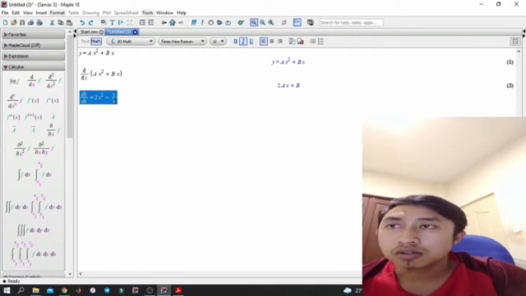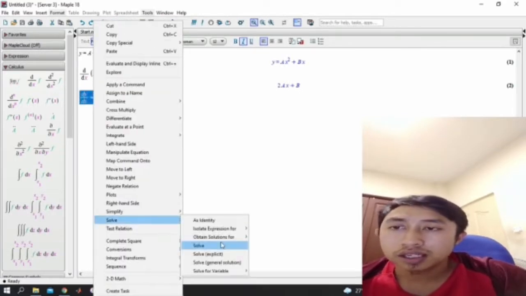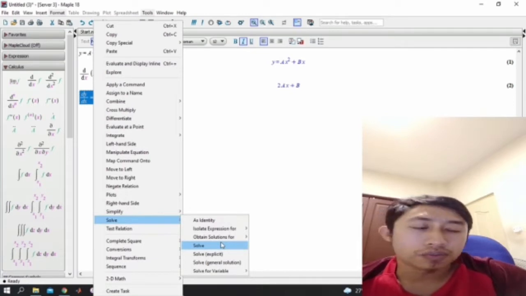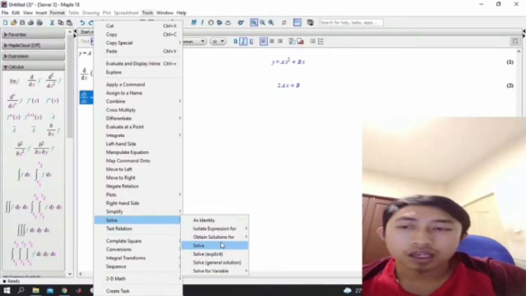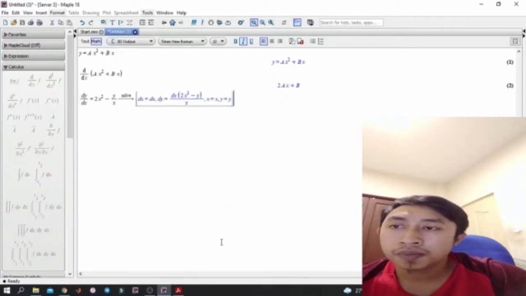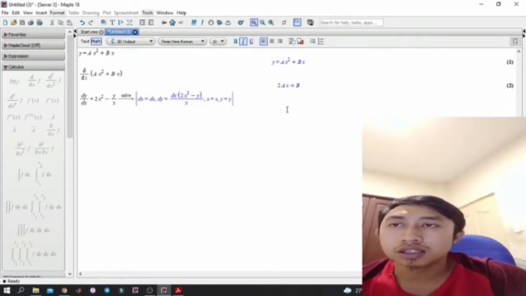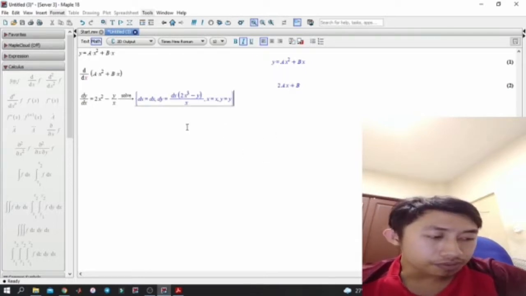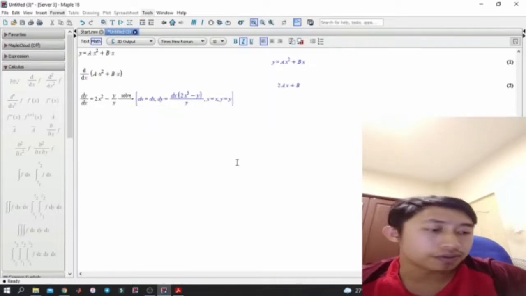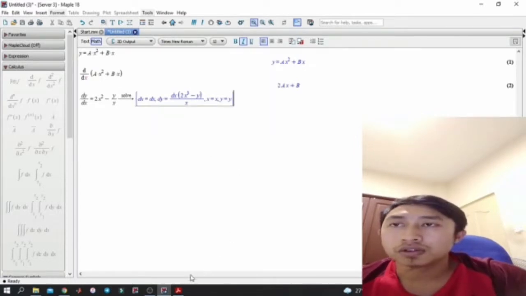Right click on the question, then click the solve button, and this is the final answer for question 1B in the software.